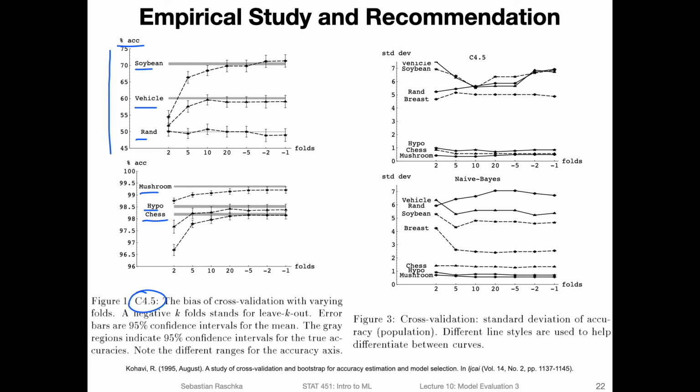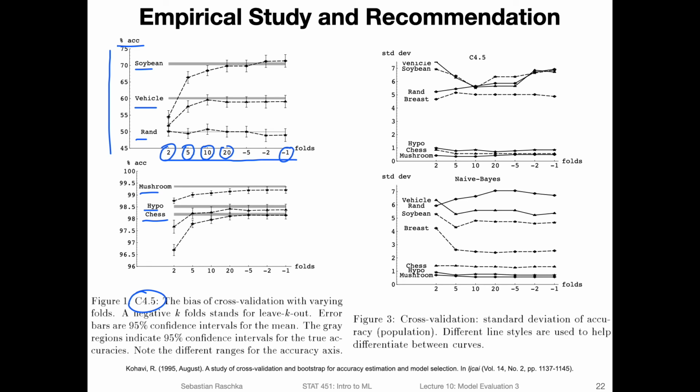And they looked at the C4.5 algorithm, which you remember is a decision tree algorithm. Now on the x-axis we have the different folds. So here this would be 2-fold cross-validation, 5-fold cross-validation, 10-fold, 20-fold.